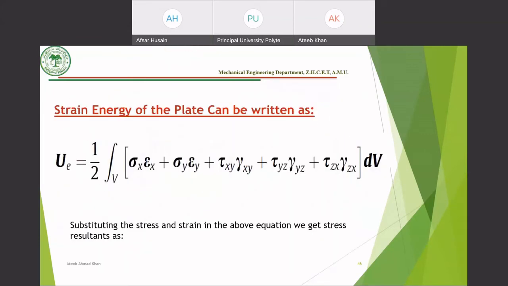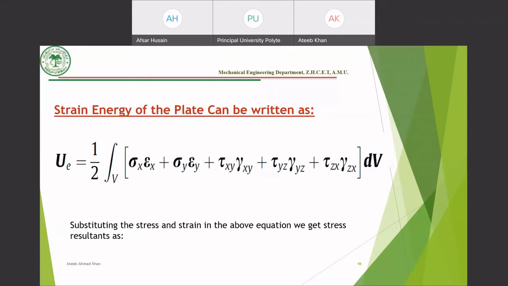Now this is how Dr. Reddy has calculated the strain energy of the plate. Basically, he has used the principle of minimum potential energy, which states that when a material is deforming, it will deform to a shape which minimizes the potential energy of the system.